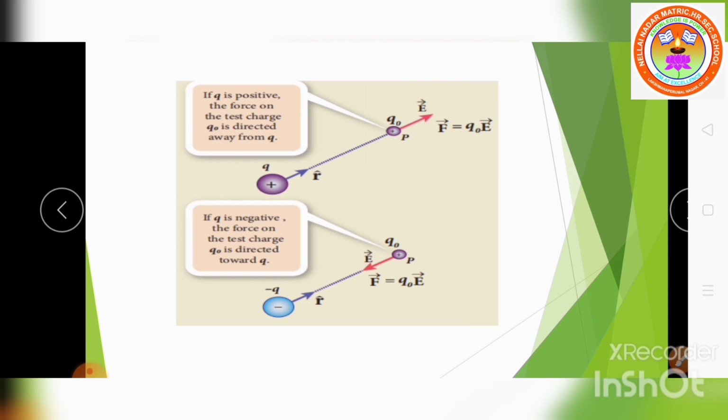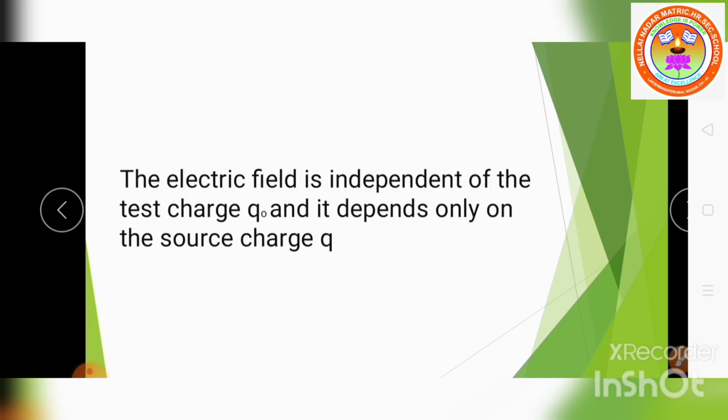Next come to the third point. In the third point, we are going to see that the electric field is independent of the test charge Q0, and it depends only on the source charge Q. That means if I take the source charge positive, then depending upon that the direction will be decided.